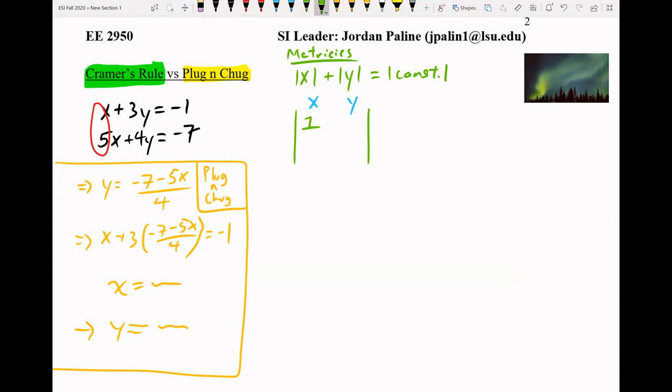On the second equation, it looks like I have a 5. Then if I look at the y's, on the first equation I have a 3, and the second equation I have a 4.